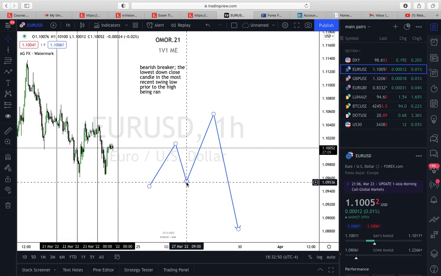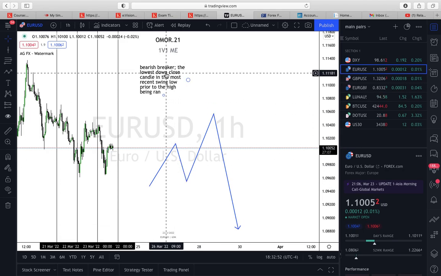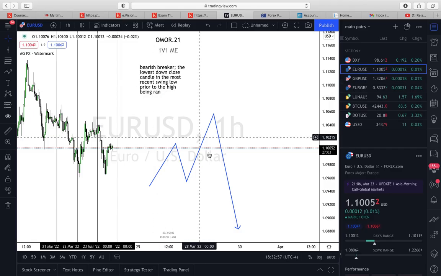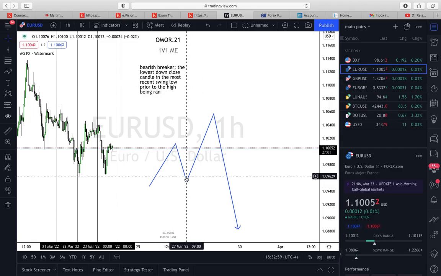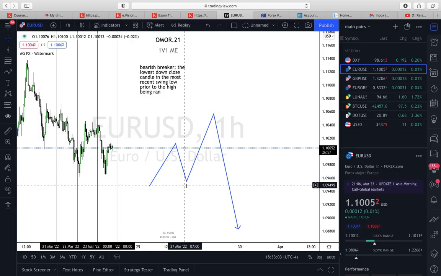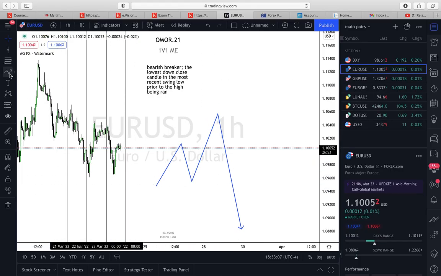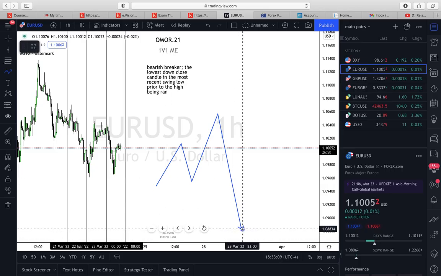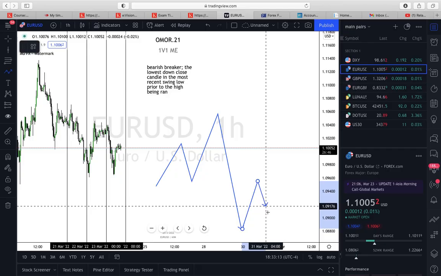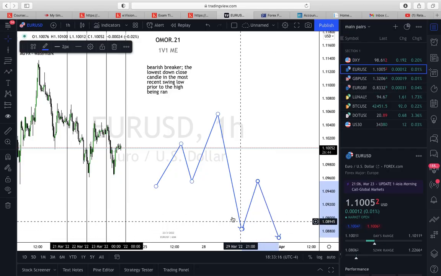Then you look at what within that low? The lowest down close candle in the most recent swing low. You look at the most down close candle within that swing low. Then you anticipate the market coming here before rejecting again.